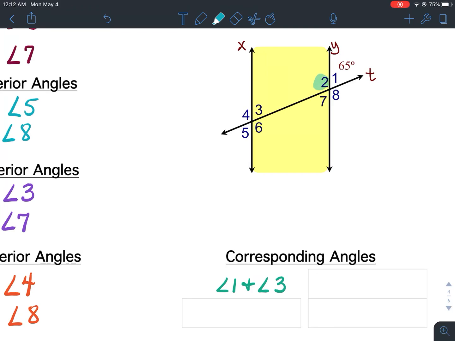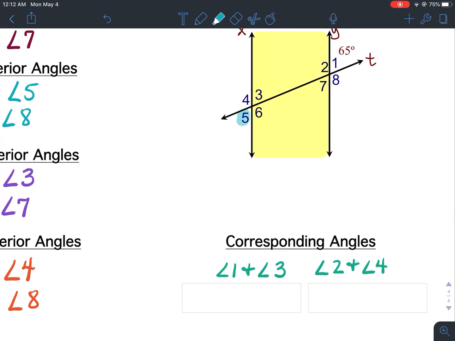What corresponds with angle 2? Well, angle 2 is the top left out of these 4. Well, if you look at the other 4, what's the top left angle? That's angle 4. So 2 and 4 are corresponding angles. They're in the same position.